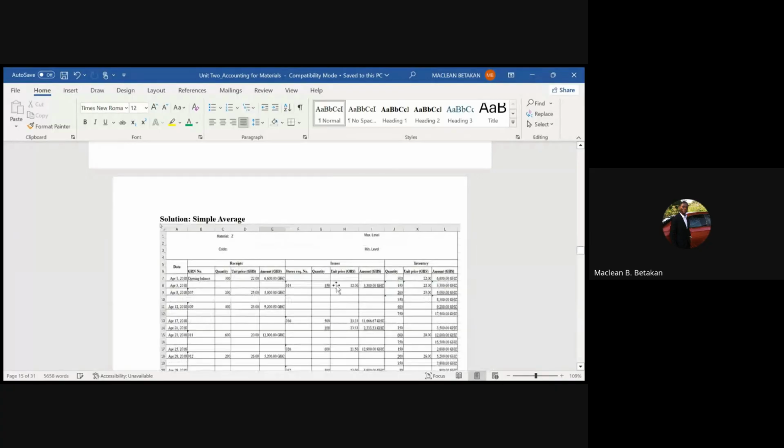Then on the 8th, we have received 200 units, and the price is 25. So we put it there, waiting for the next time to go and do something about it. Then the next day, we have received 400 units, and the price is 23.